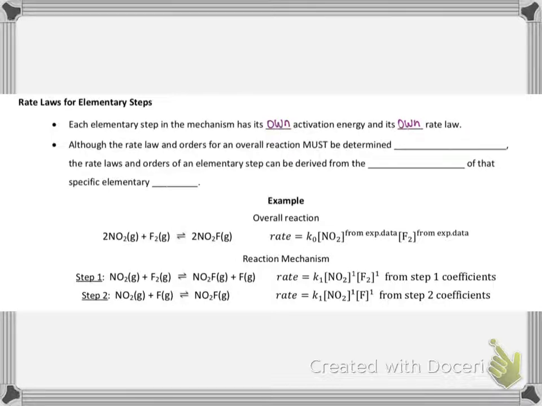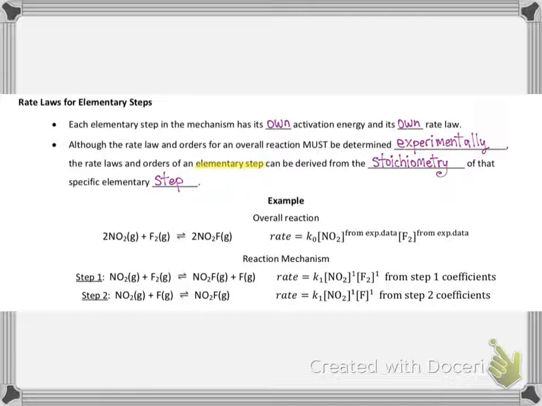And now, of course, the rate law and the orders for the overall reaction must be determined experimentally. The shocking part is that the rate laws and orders of an elementary step can actually be derived from the stoichiometry of that elementary step. What? So let's look back at that example reaction again. Of course, we got our nitrogen dioxide and our fluorine gas.